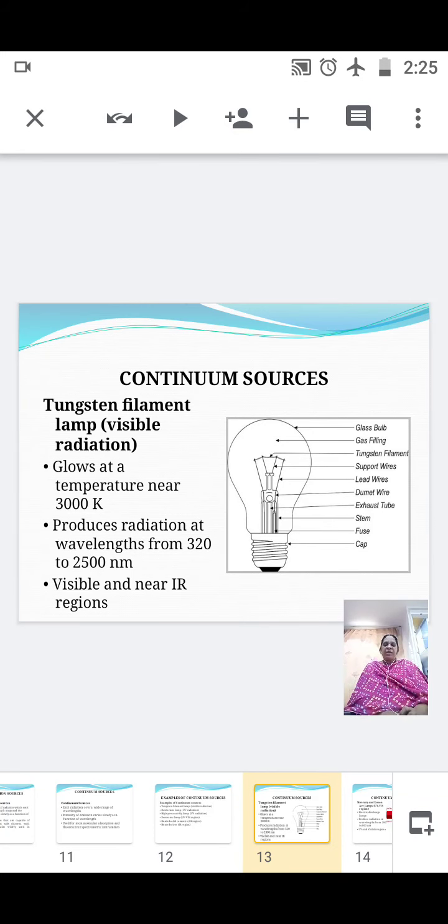So we'll take the first example, that is the tungsten filament lamp, which is used in visible radiation.